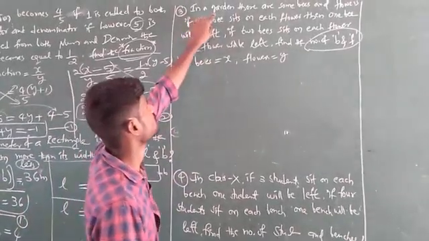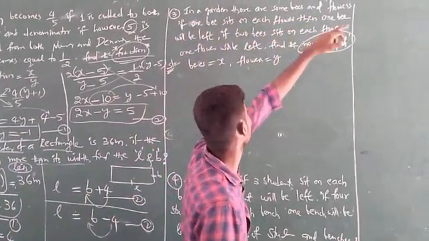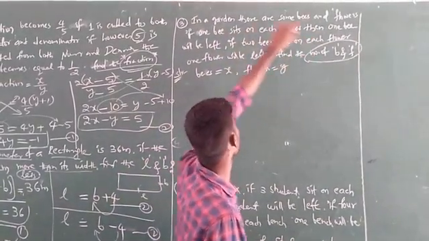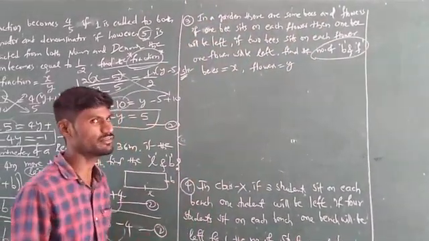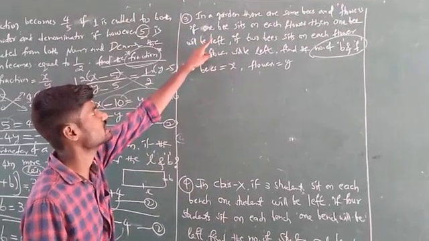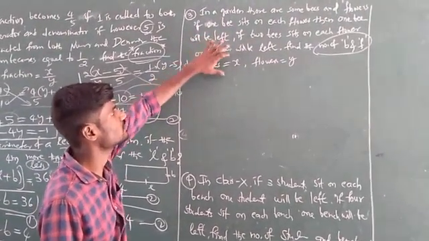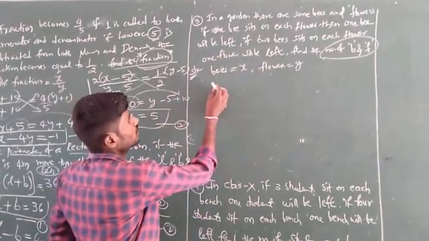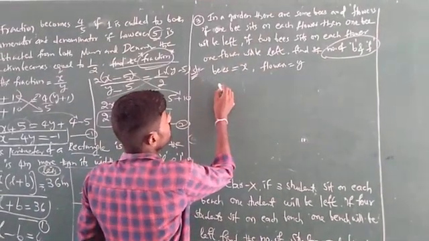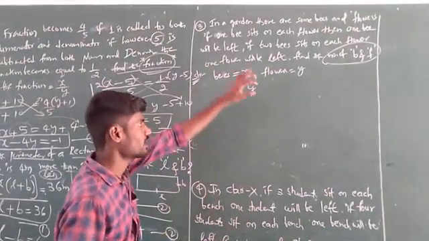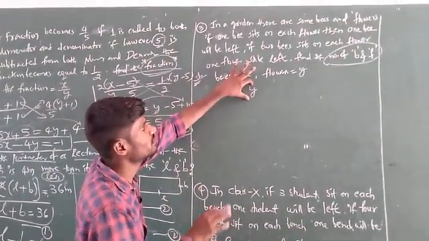Now come to the condition. In a garden there are some bees and flowers. One bee sits on each flower, then one bee will be left. In this condition, the description about bees is clearly mentioned. We assumed bees as X. One bee sits on each flower, and flowers are Y. On each flower, how many bees? 1.